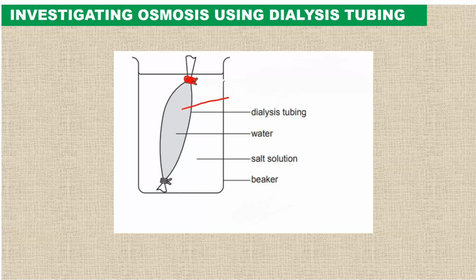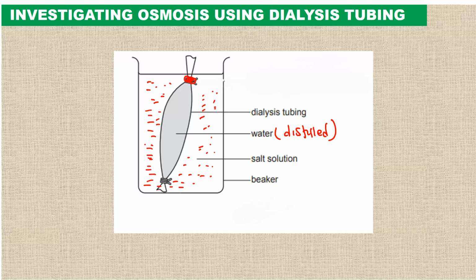Inside this dialysis tubing we have distilled water. Distilled water is simply pure water. Then outside it, we have sugar solution. Very important to understand that in terms of water potential, the distilled water has high water potential compared to the sugar solution. We want to understand the net movement of water.